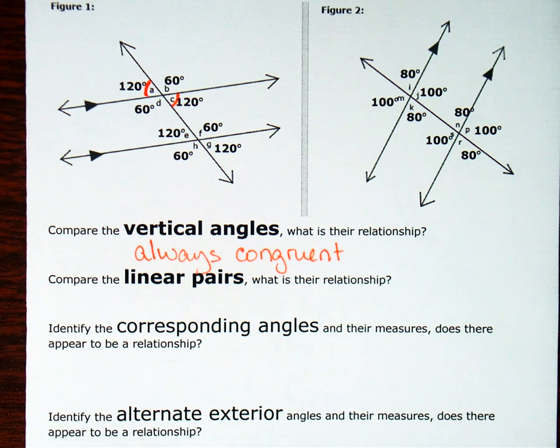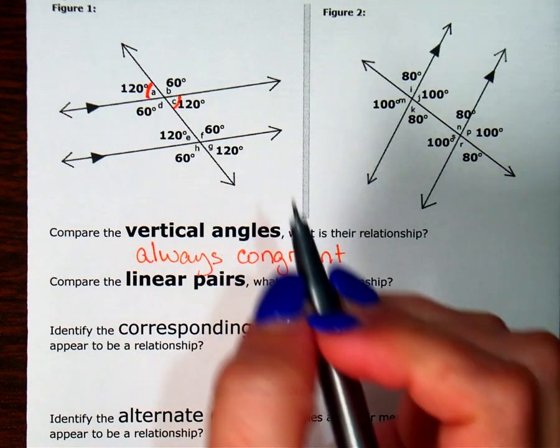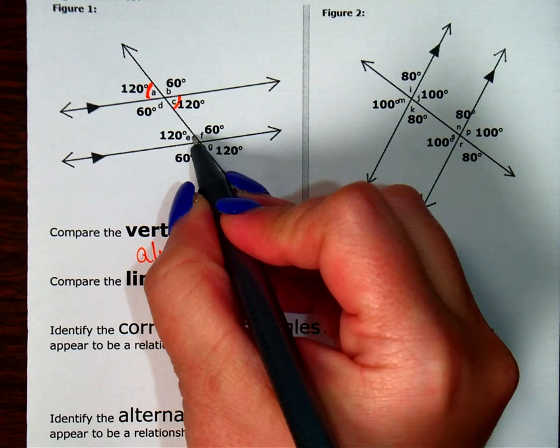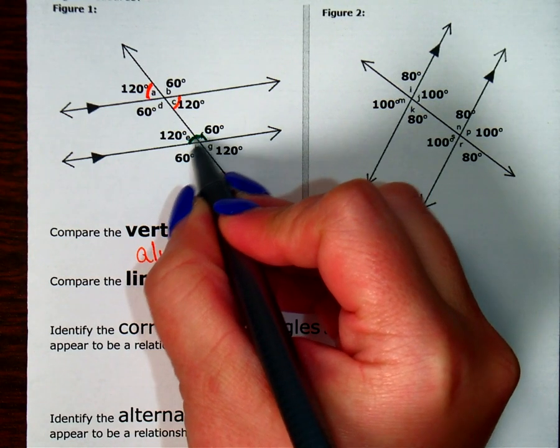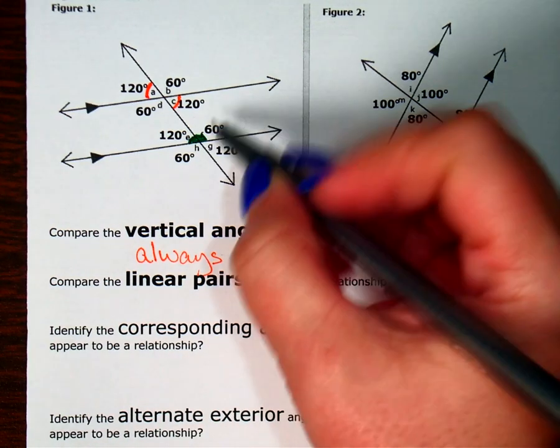All right, so then the next thing we looked at was my linear pairs. And we said they are supplementary. Let's see if they're still supplementary. Your linear pairs, remember, are two angles that are right next to each other. So these two angles, right? This one's 60, this one's 120. Yes, they're 180.